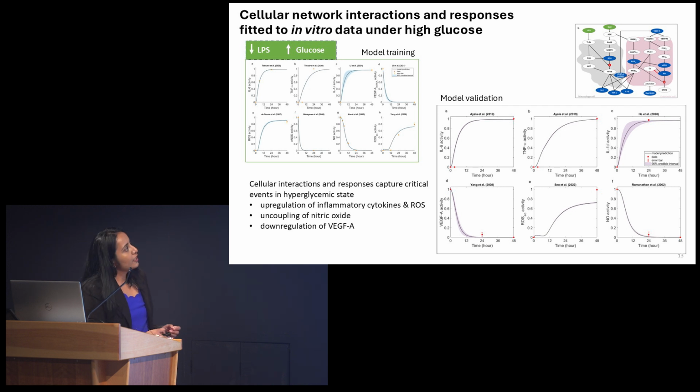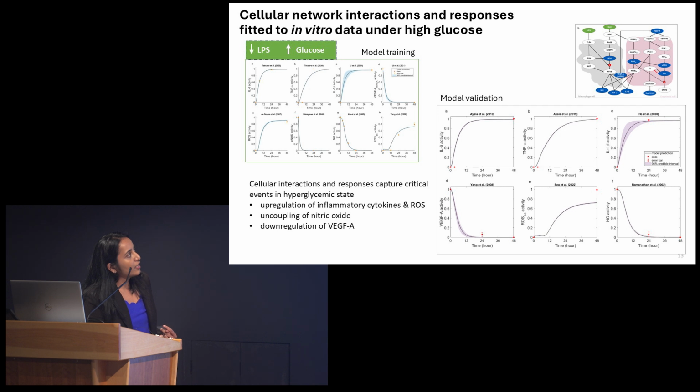So on the left, I'm showing you the model fitting results. The simulations were fitted for a treatment condition similar to the co-culture experiment, where only high glucose stimulus was provided and no inflammatory stimulus was present.